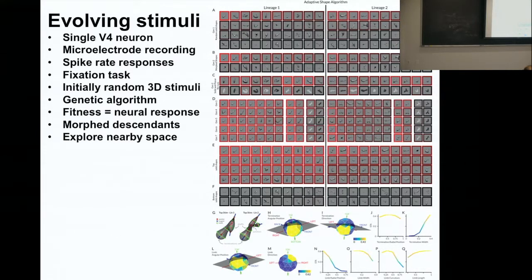So in early generations, we're finding the general region of the tuning manifold for the cell, and in subsequent generations, we're sort of trying to pepper that region as closely as possible so that we can constrain a model of what information the cell actually represents.